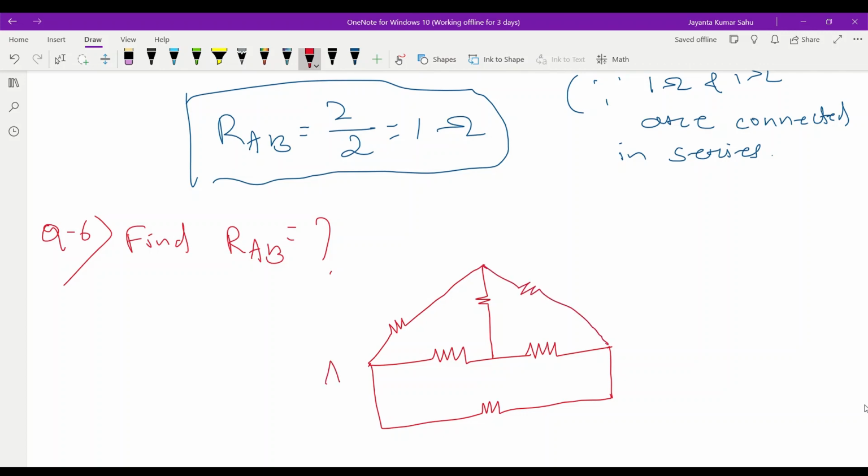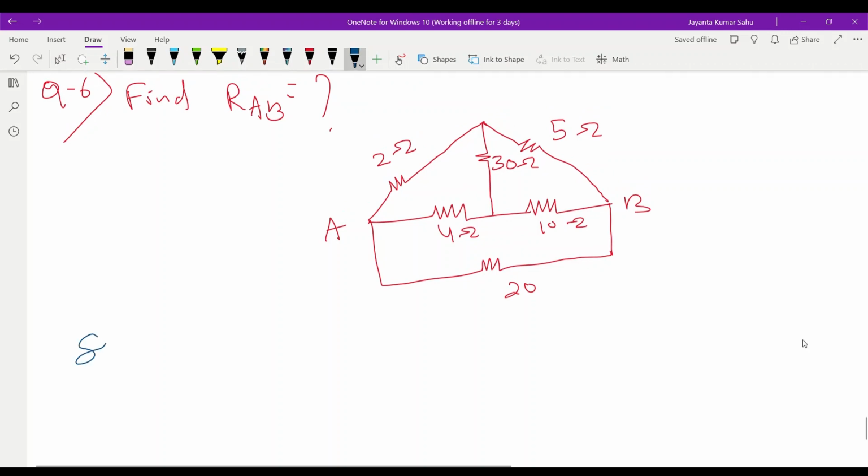We calculate the equivalent resistance between A and B. Here 2 ohm is available, 5 ohm, 30 ohm, 4 ohm, 10 ohm, 20 ohm. Very simple. Directly we can apply the Wheatstone bridge here.